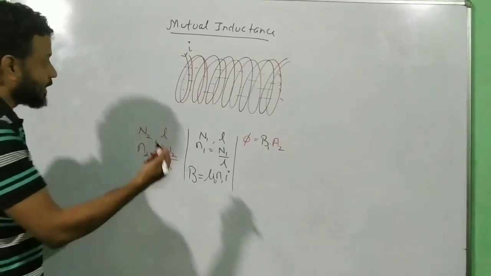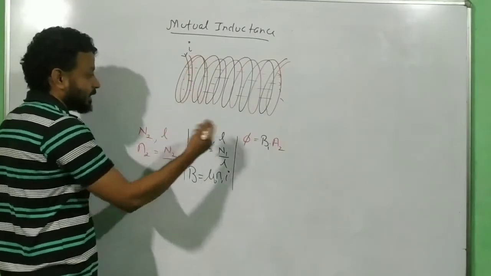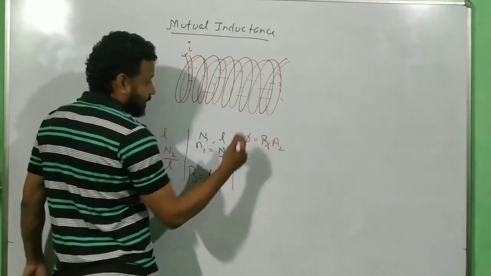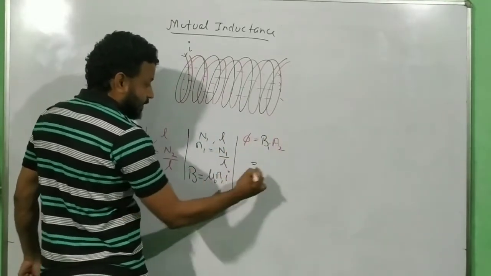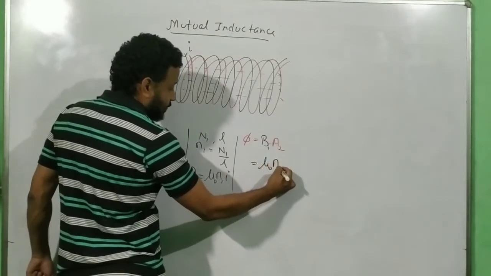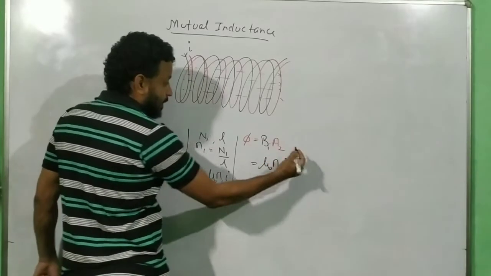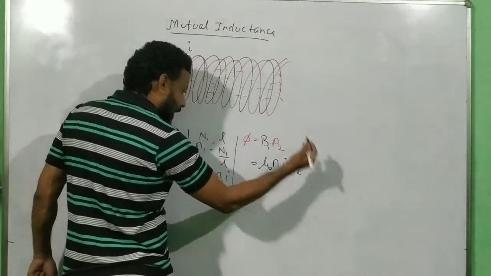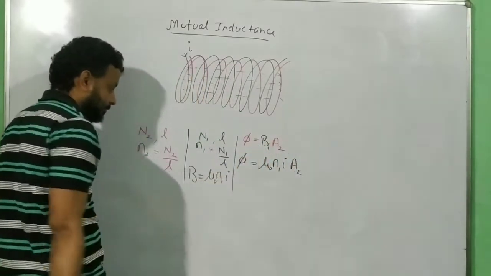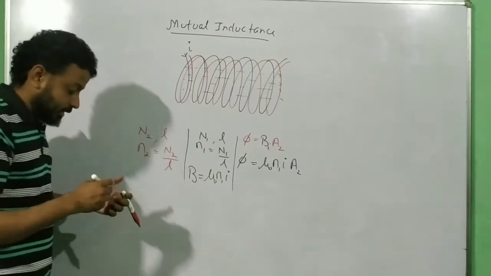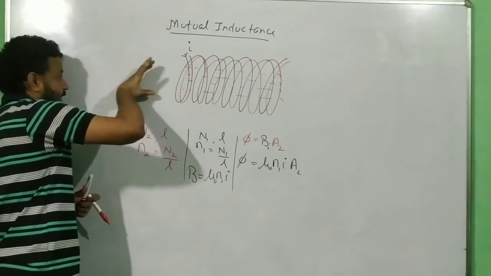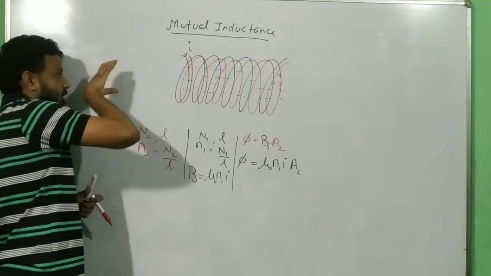The areas are the same; in this case I have taken the same area. So it is the field of the first one multiplied by the area of the second one. And what is the field? The field is equal to mu naught times N1 times I, multiplied by area A2. At the end I will discuss which area: the area of cross section, this area.